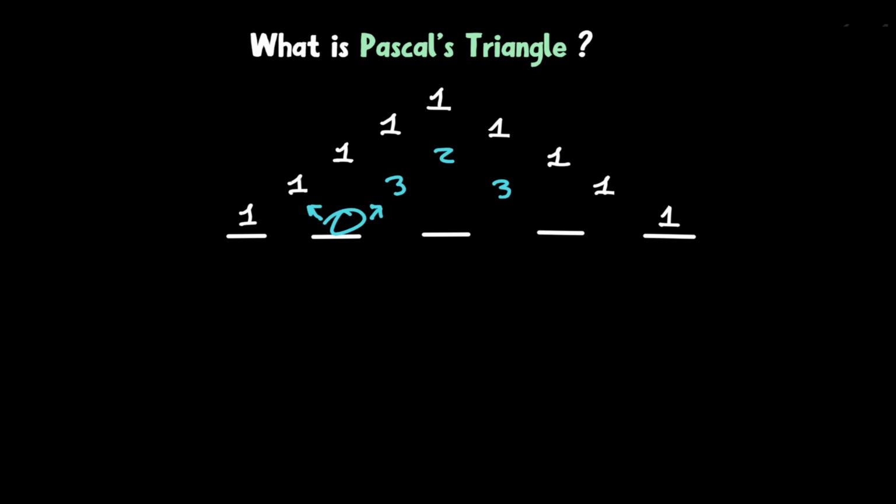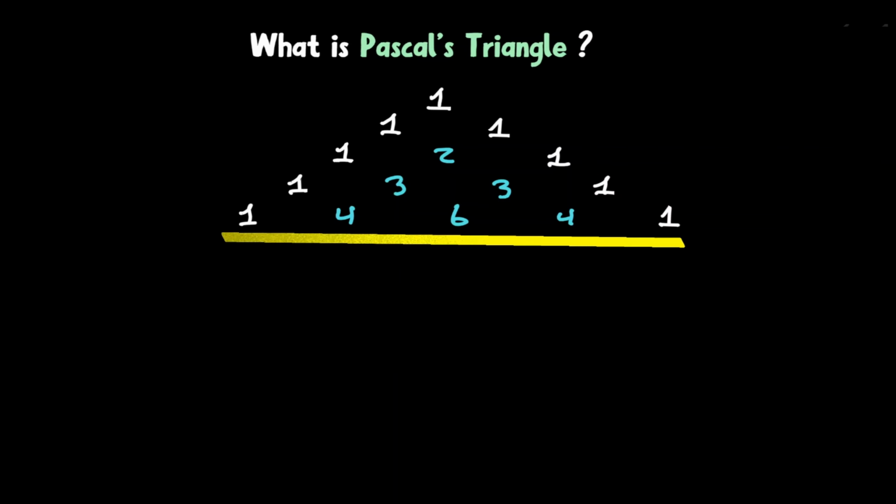So to define this value, let's add 1 and 3, which is 4. To define this value, let's add the upper 3 and 3, that is 6. And to define this value, let's add 1 and 3, which is also 4. So we are done defining this row.